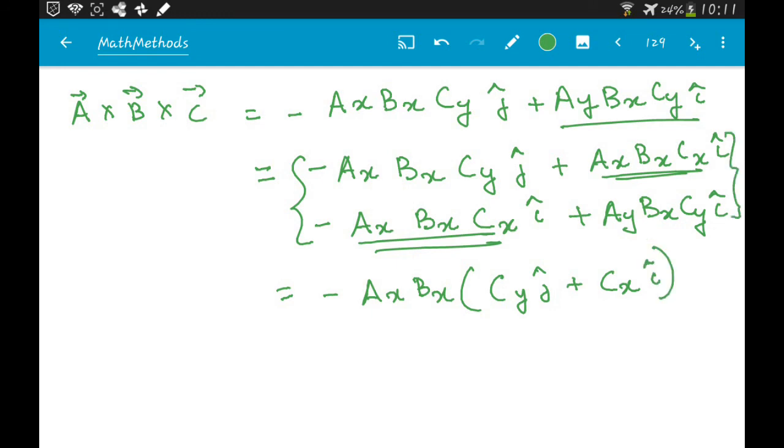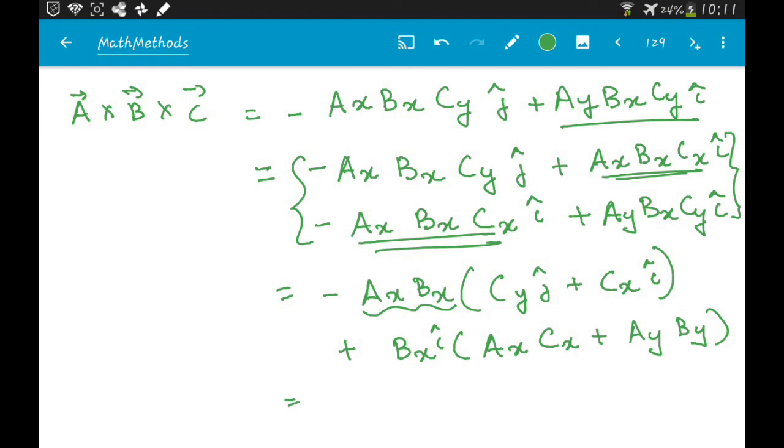What are the common terms here? Here BX I is common, so we have plus BX I into AX CX plus AY CY.